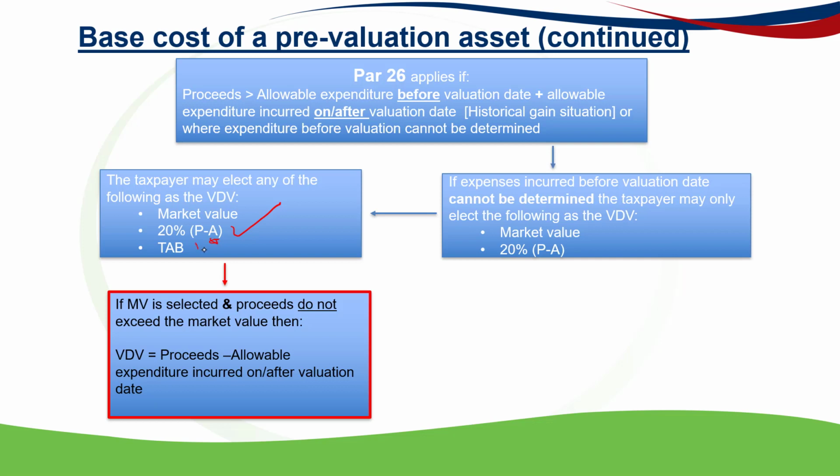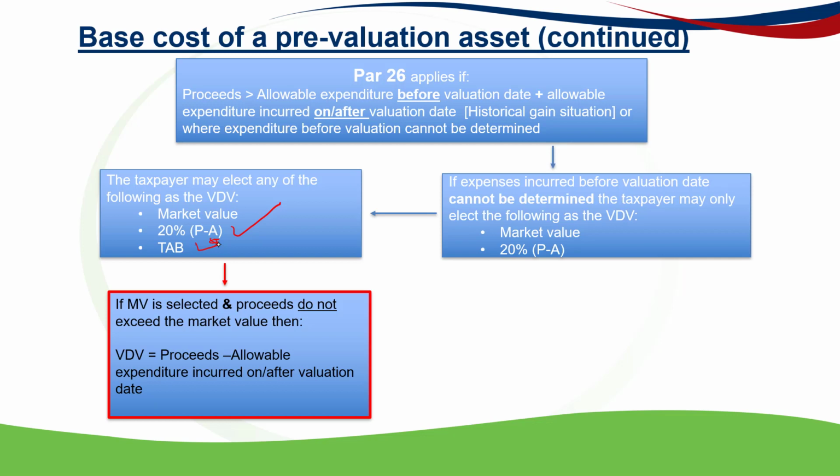And then the last option is TAB, which is short for time apportionment basis. This is a method for calculating, but as we do not expect you to be able to calculate TAB, it will be provided during an assessment. What you need to know then is how to use it.